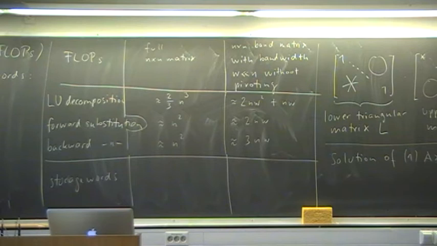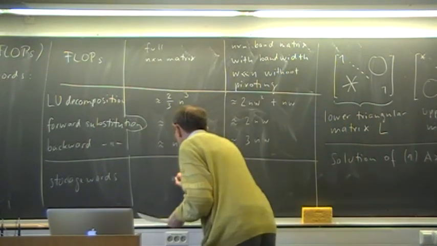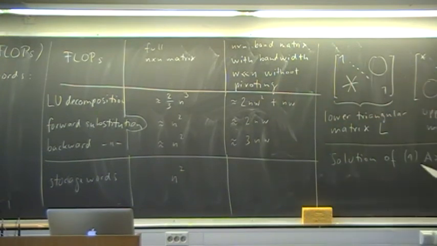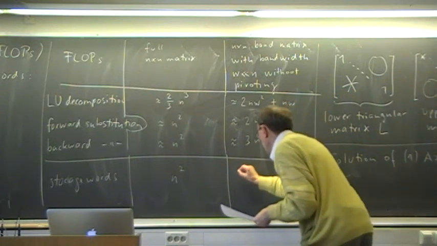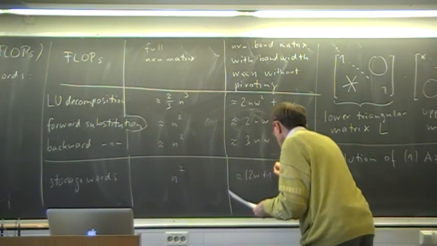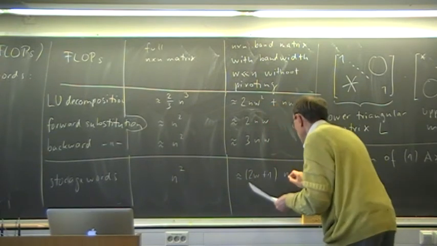Regarding the storage, we have n rows and n columns, so we have to store n squared words. For the band matrix, we have n in the diagonal, n minus 1 in the next diagonal, and so on. So it gets less and less, but approximately we will have 2W plus 1 times n.